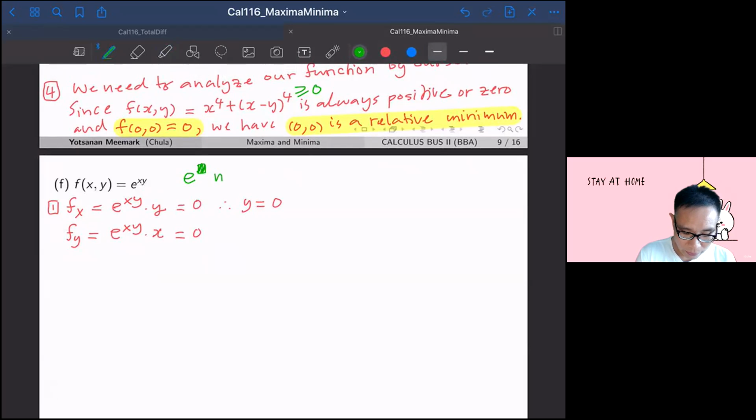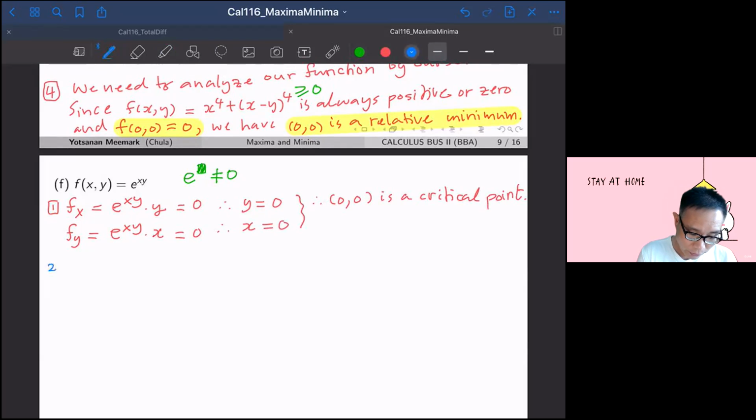And e to the xy times x equal to 0 leads to x equal to 0. So (0,0) is the one critical point in this case.